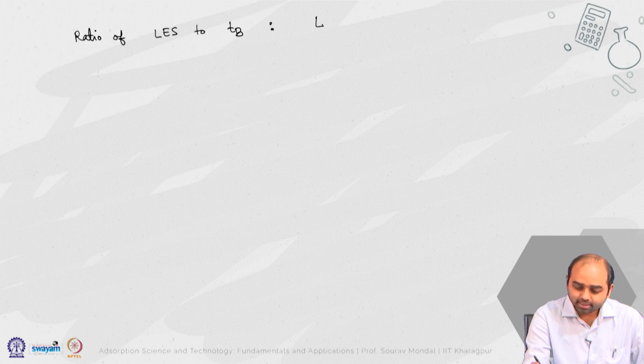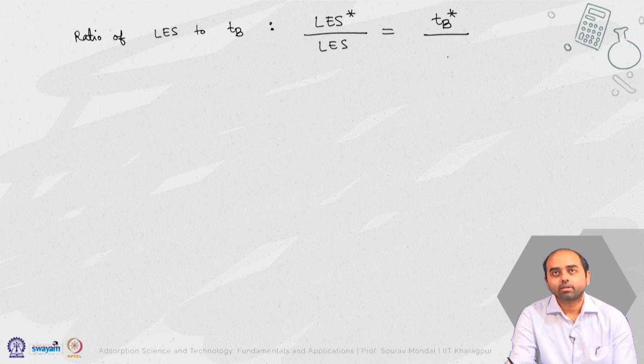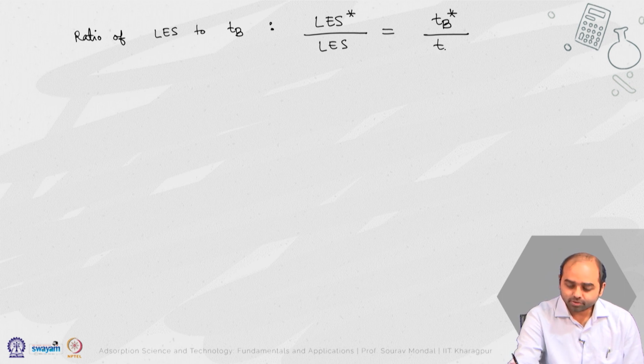Which means the LES of the new state, represented by star, with respect to LES at the current value is equal to the breakthrough time at this target value with respect to the current state, which would be constant.